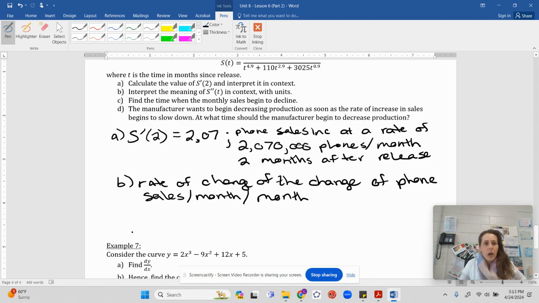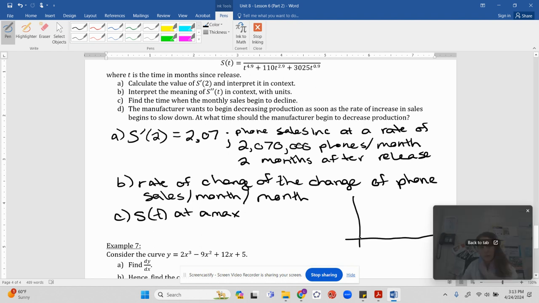So, C, find the time when the monthly sales begin to decline. The monthly sales begin to decline when S of T is at a max. So you can just find the maximum of S of T. If you want a graph, you should already have it graphed. It looks something like this.